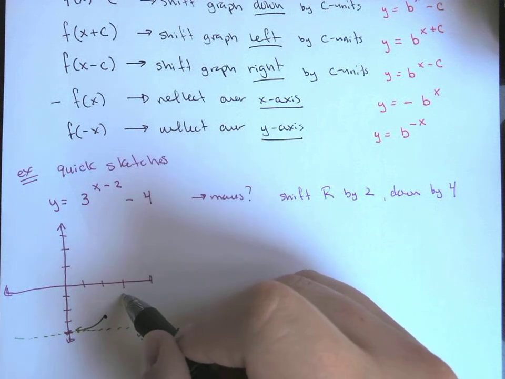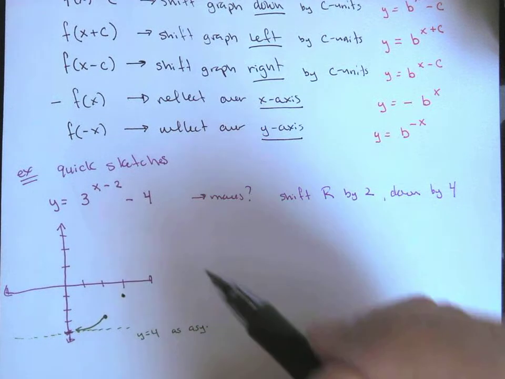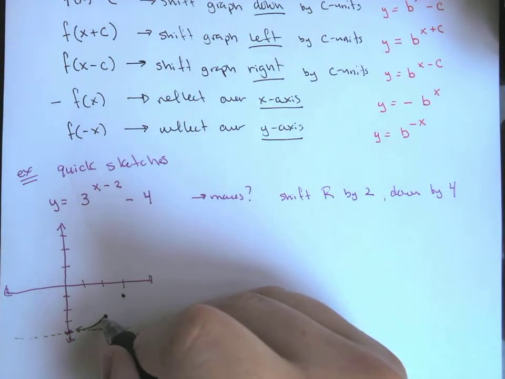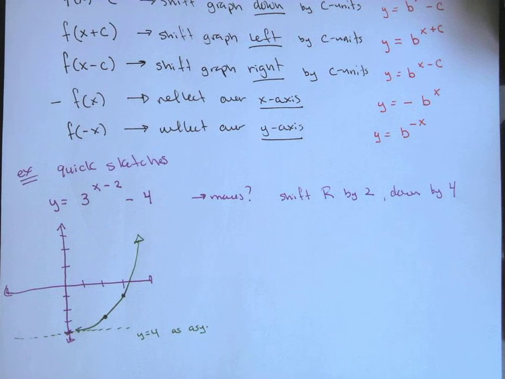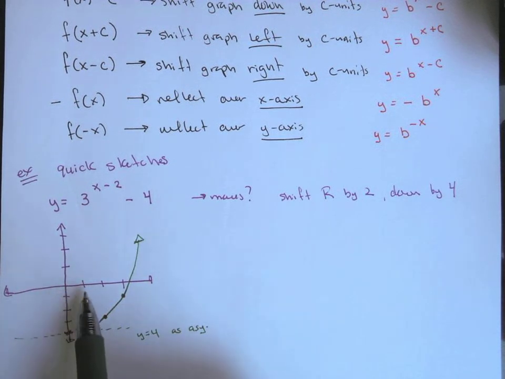So you'd be somewhere here. In theory, our graph is going up and to the right from there. So our asymptote is here. We've shifted 2 to the right, and we've shifted down by 4. And that's going to be roughly what we're working with.